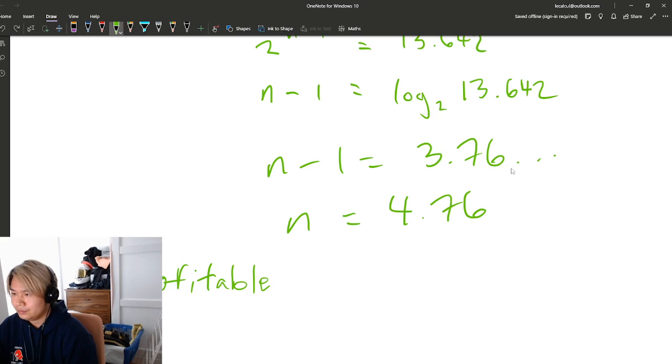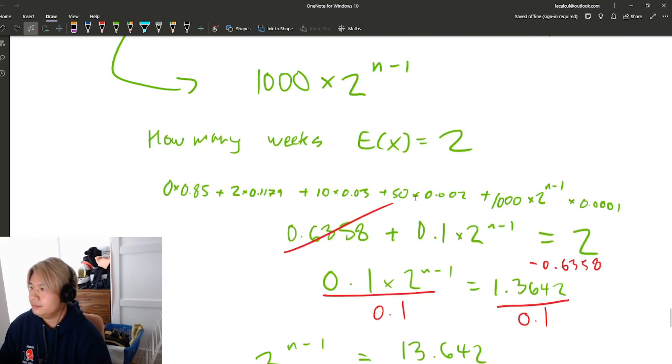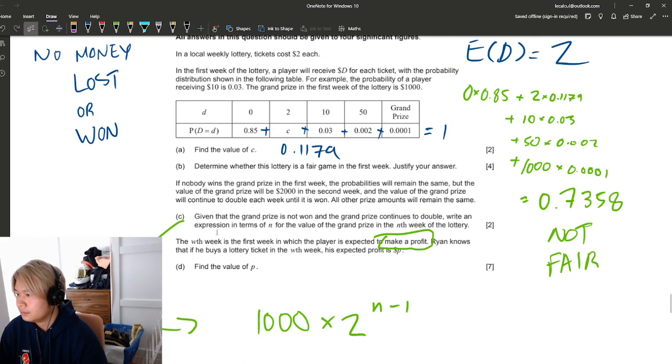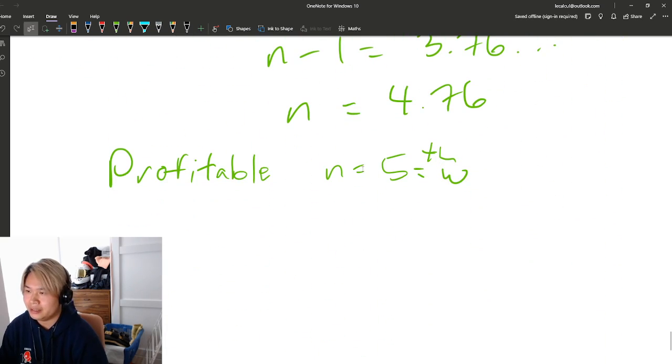So when n is 5. I think they called this W though. Yeah, the Wth week is the first week which you're expected to make a profit. So the first week you're expected to make a profit is, well, the next whole number, which is 5.